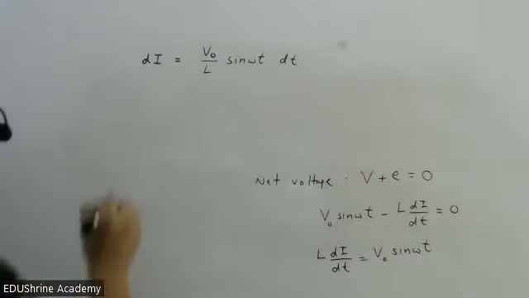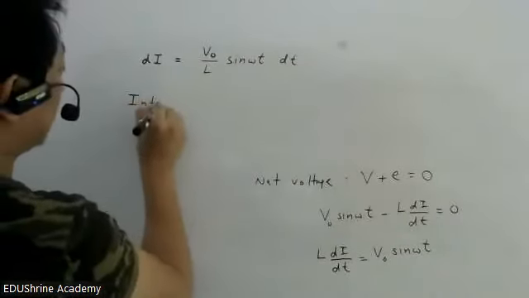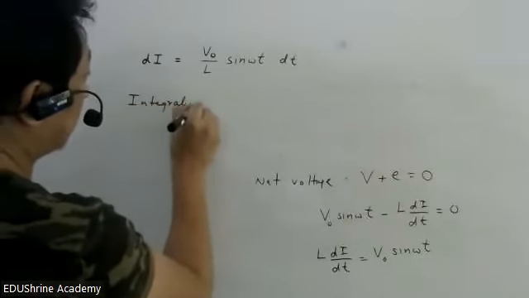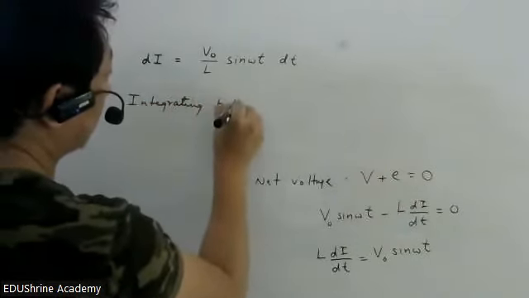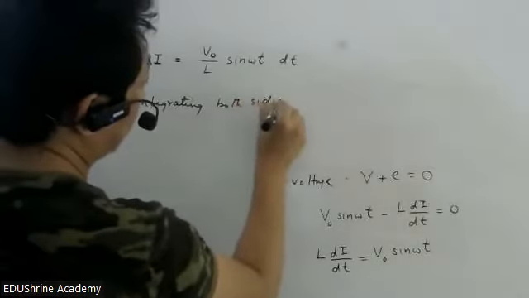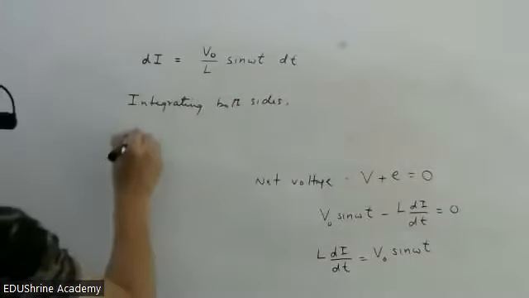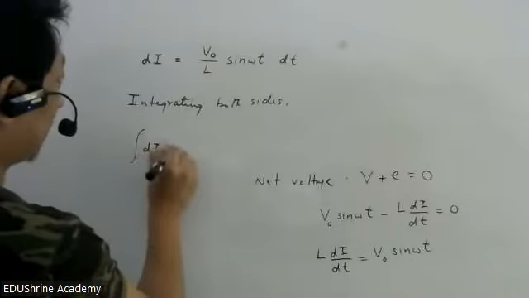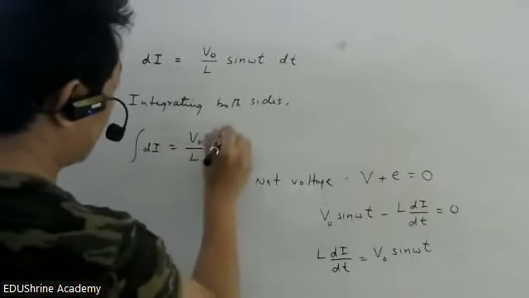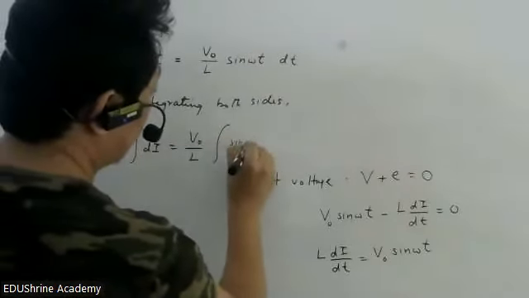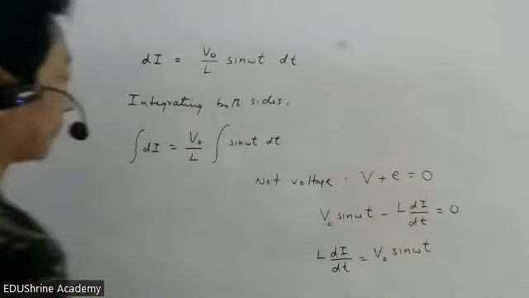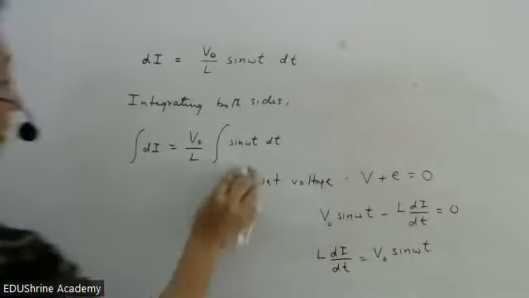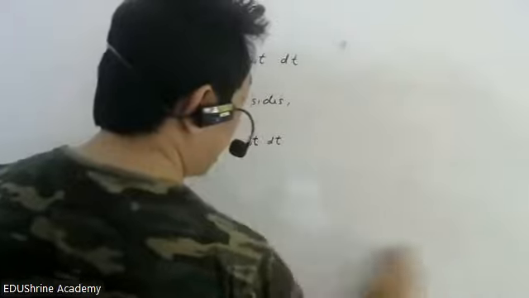After separating the variables, I will integrate both sides. Integrating both sides: integral di equals V naught by L, integral sine omega t dt. What is integral di? I only, right?